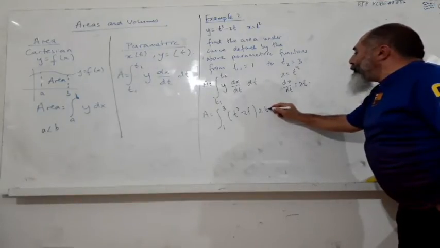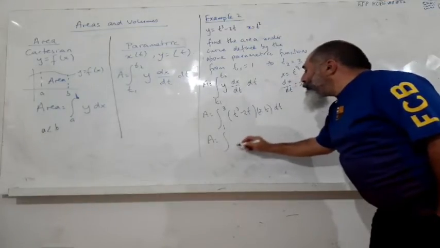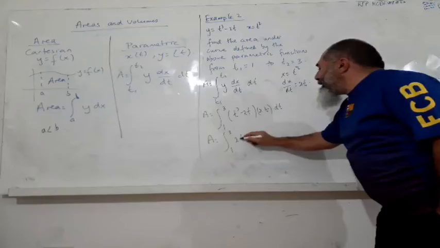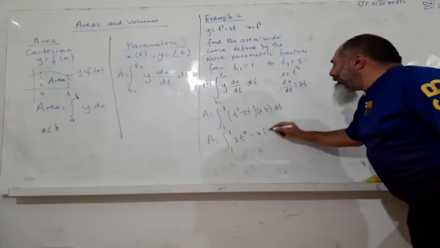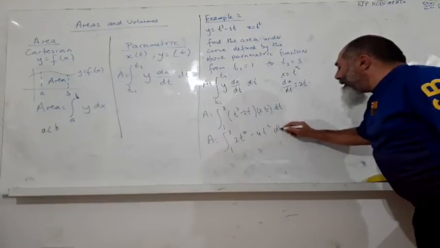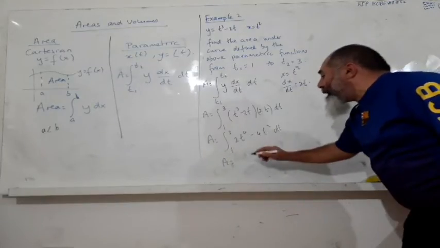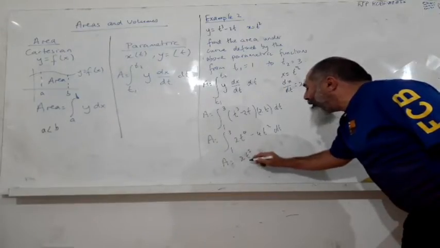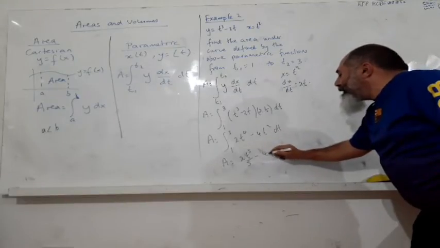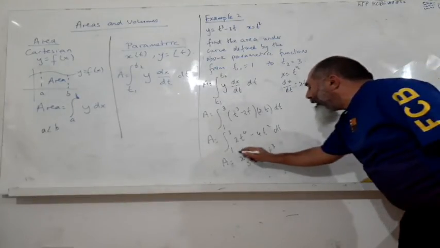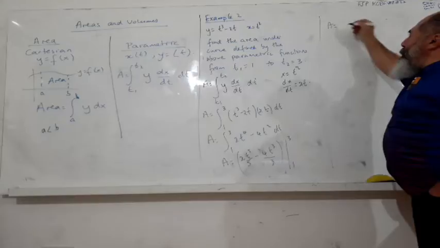So area is going to be from 1 to 3, expand this one, 2t to the power of 4 minus 4t squared dt. So area is going to be the integration of 2t to the power of 4, which is 2t to the power of 5 divided by 5, and what is the integration of the other one? 4t cubed over 3, from 1 to 3. So area is going to be found after substituting the given t values there.